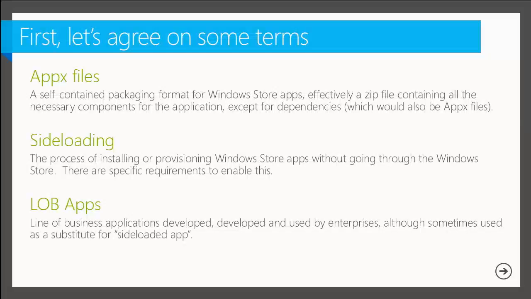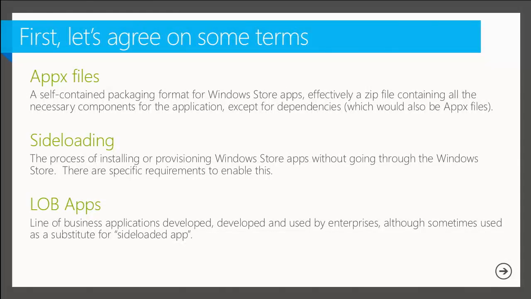In order to enable sideloading, there are some specific requirements. We'll look at those in more detail as well, but basically, sideloading is not enabled by default on Windows 8 or on Windows RT. It needs to be enabled. The enablement is automatic for something like Windows 8 Enterprise, but for the other operating systems, other SKUs, there is additional work that needs to be done.